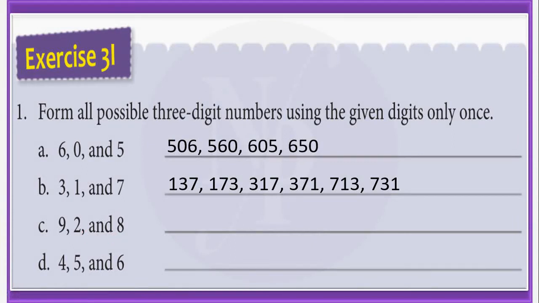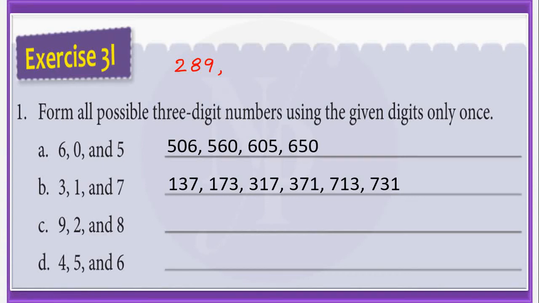So let us write 289 as the first number. Here 2, 8, 9 are in increasing order. 289 is the smallest possible number that can be formed using 9, 2, 8.